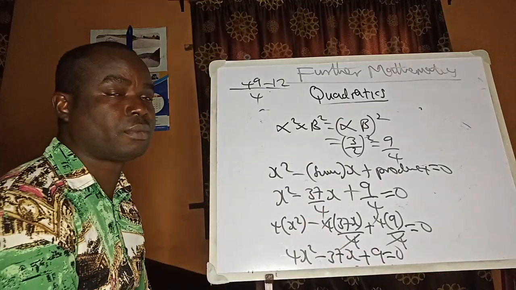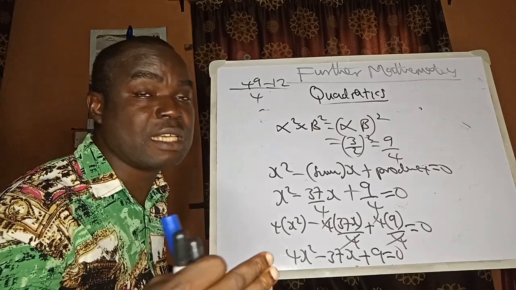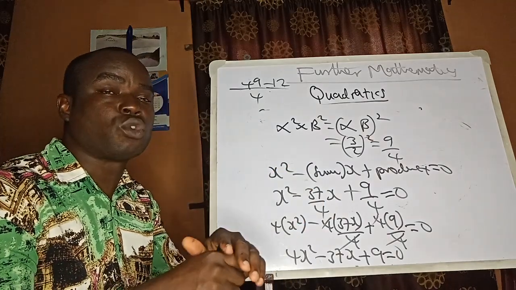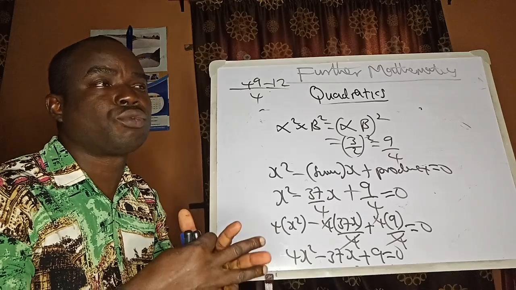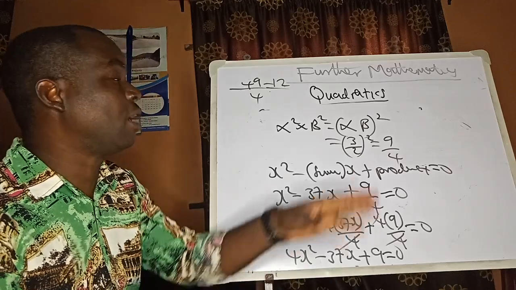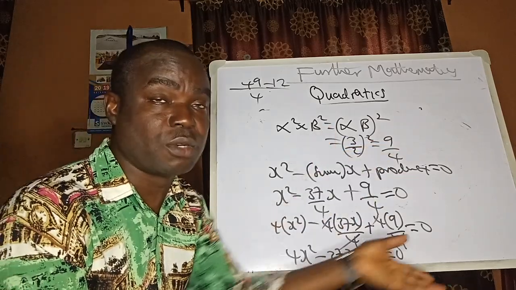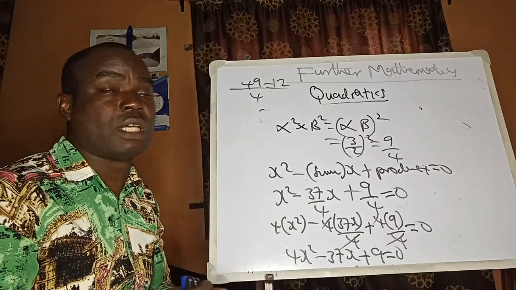This is the equation. So now, what we are going to do is use those formulas I gave you in video 1. Use everything. Anytime they ask you to solve anything, use the formulas there. And anytime they ask you to construct an equation, you use the formula x squared minus sum of roots x plus product of roots equal to 0. And remember this statement, very important.